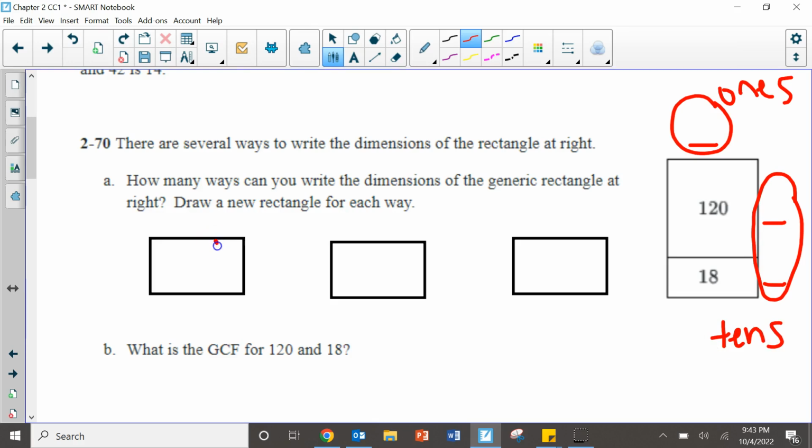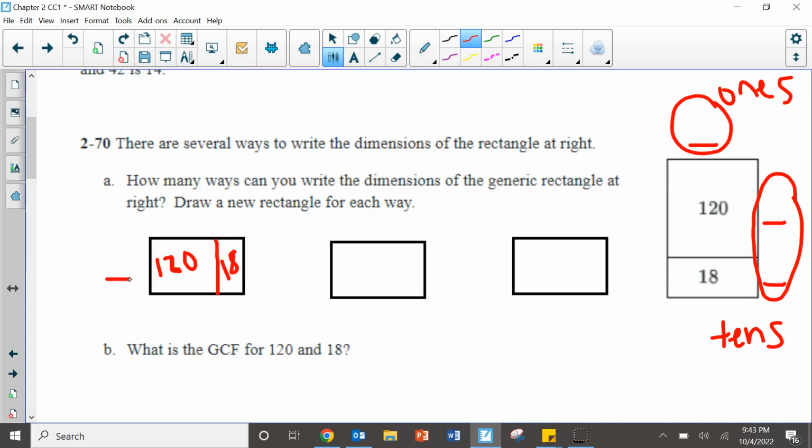So first, let me break this up. I apologize, I'm writing on my computer screen, so it's a little difficult, but you're used to my board, so it shouldn't be an issue. I have to think about what's one common factor that can go into 120 and 18.